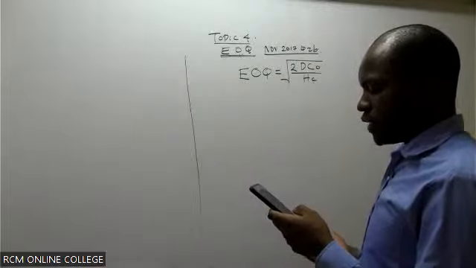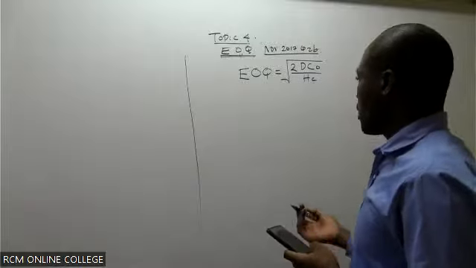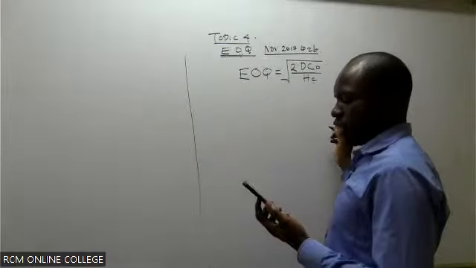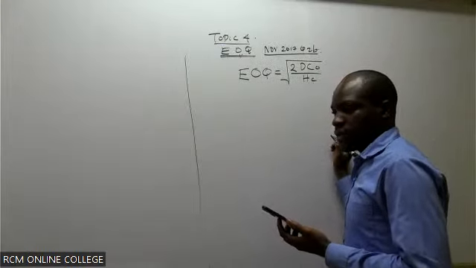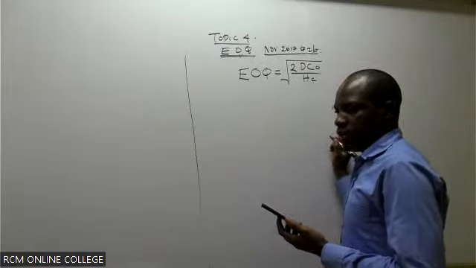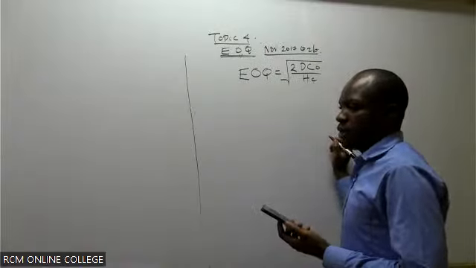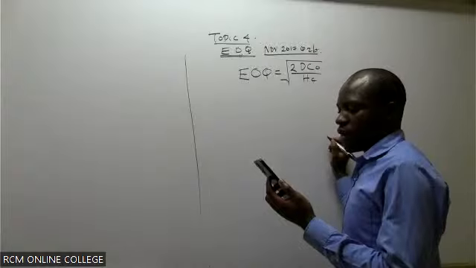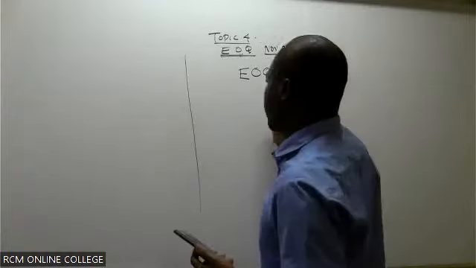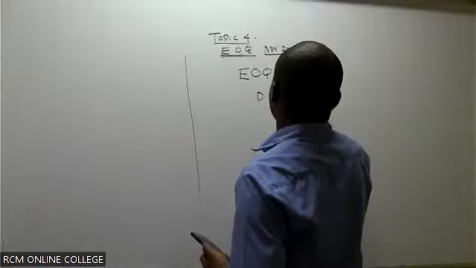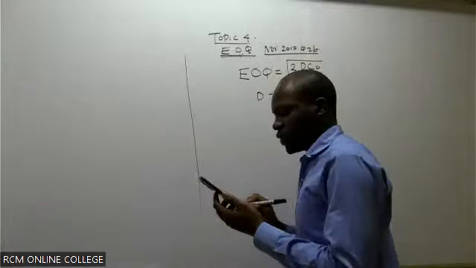We have annual consumption of X in units. Can someone tell us what that represents? Annual consumption of this particular product is equivalent to 200,000 units. So basically that is demand. Demand is 200,000.